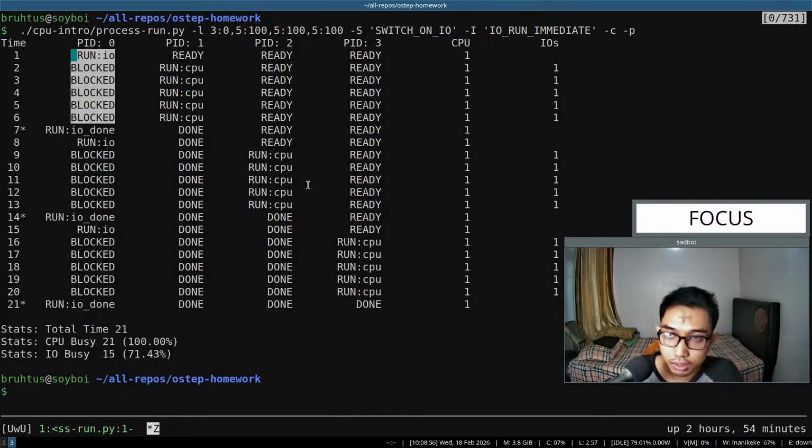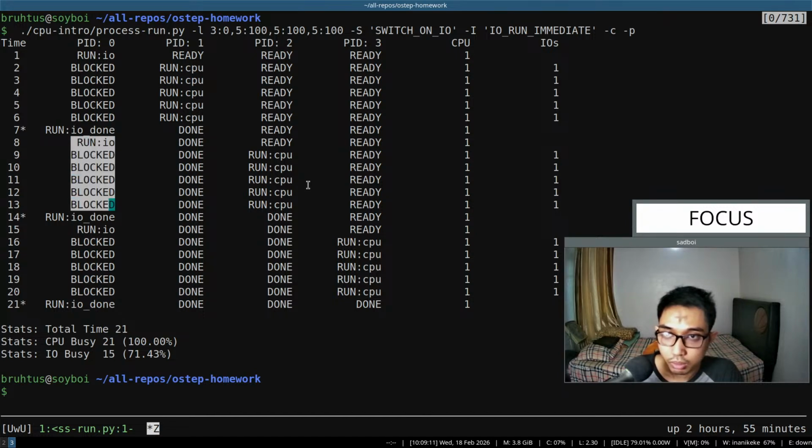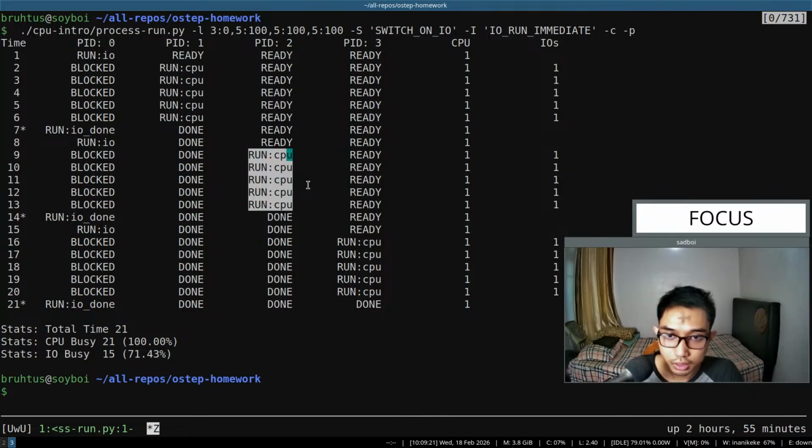So this is the first input-output process. We are finishing the second process, and then we are executing the second input-output process, and in the meantime we are finishing the third CPU process, and then going back again to input-output, right?